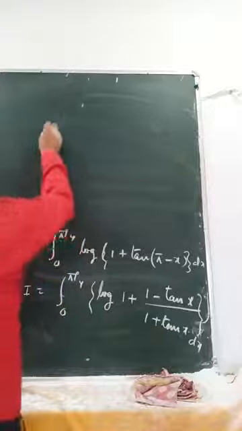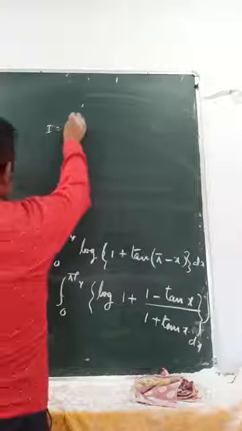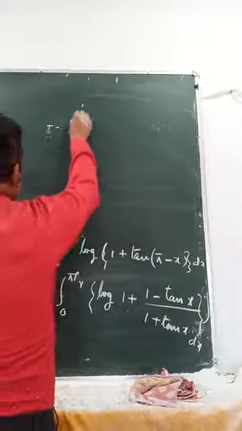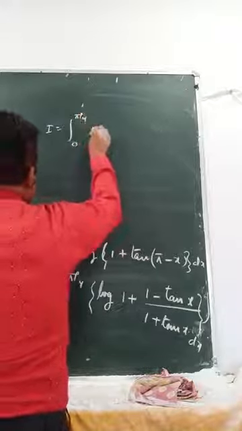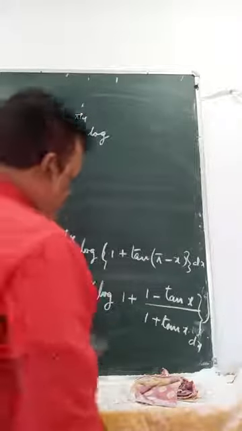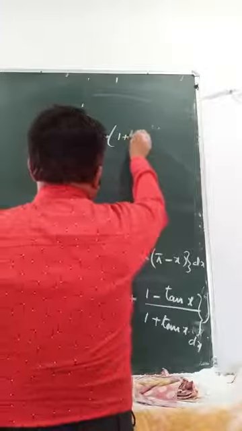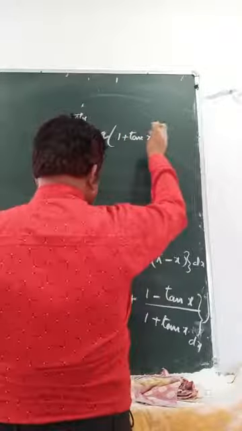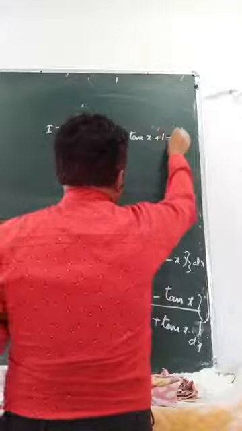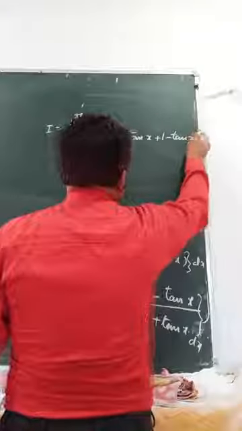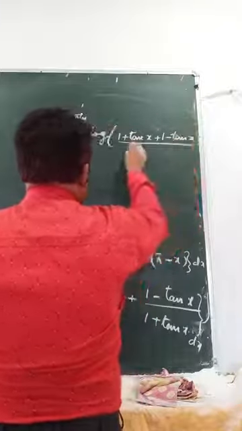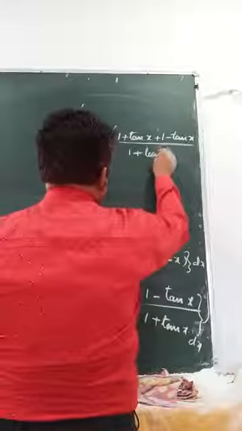So I equals to 0 to pi by 4 log, this will go here, (1 plus tan x plus 1 minus tan x) divided by (1 plus tan x).